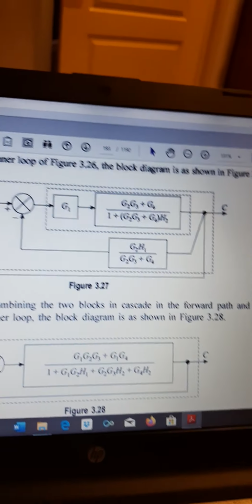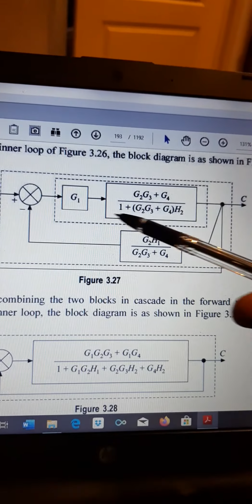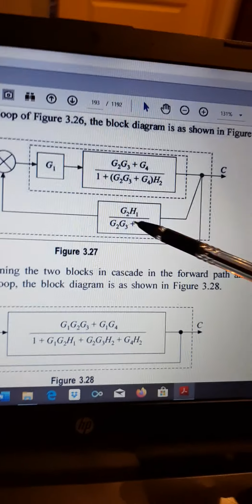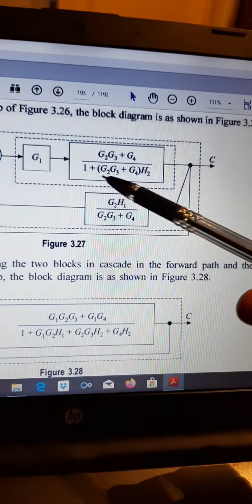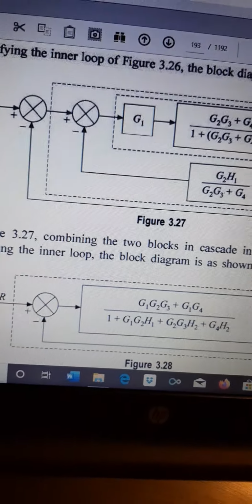After that, this is considered as a single element, and this is a feedback element. The same formula I explained, you have to apply it, then you are getting this.